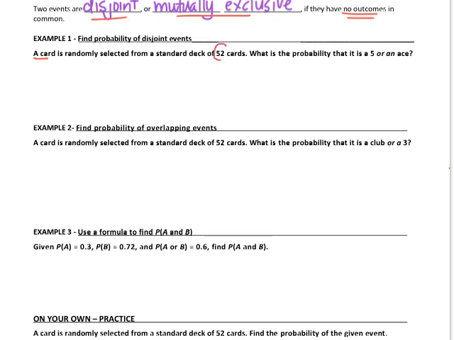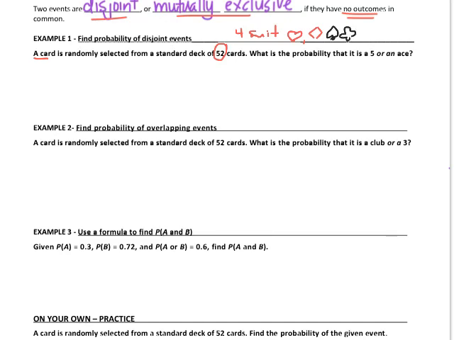So 52 cards, you should know that there are 4 suits. The suits are hearts, spades, and diamonds. Those are the red ones there. And then the black ones are going to be spades. I should have drawn that. And whoops, can't draw that really great. And then, of course, clubs.